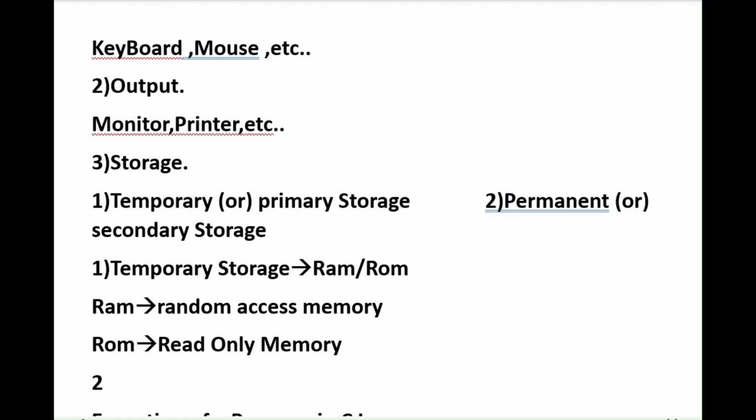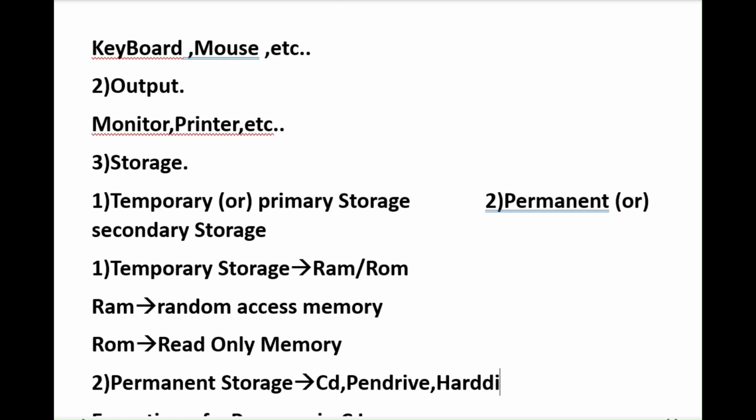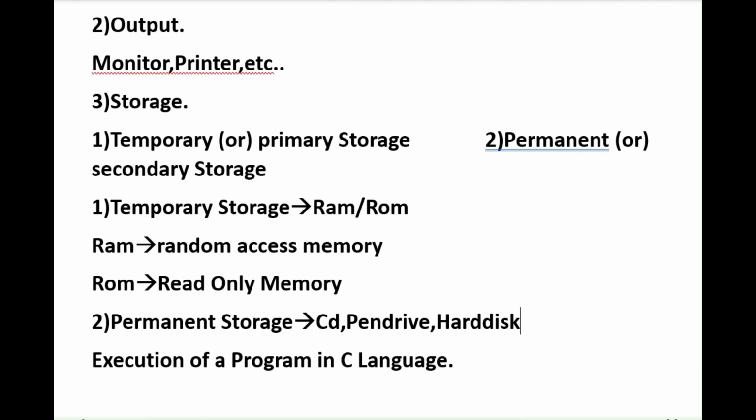Now what comes under permanent storage? Permanent storage: CD or pen drive or hard disk. In our C language or any language, we are mainly concerned with hard disk and RAM only. Permanent storage means the storage which is permanent, it is not like RAM or ROM.